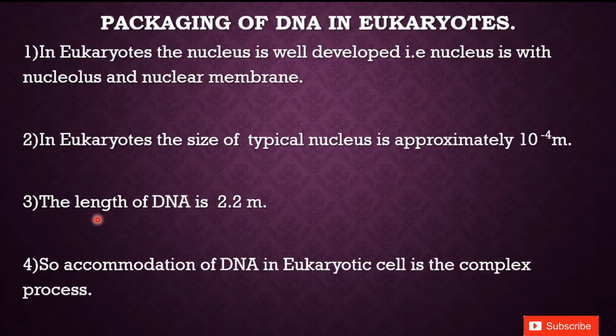But the length of DNA in our cell is 2.2 meters. See the difference. The nucleus is very small, 10 raised to power minus 4 meter, but the length of the DNA is 2.2 meters. So accommodating such a long DNA in a eukaryotic cell is a complex, complicated process.